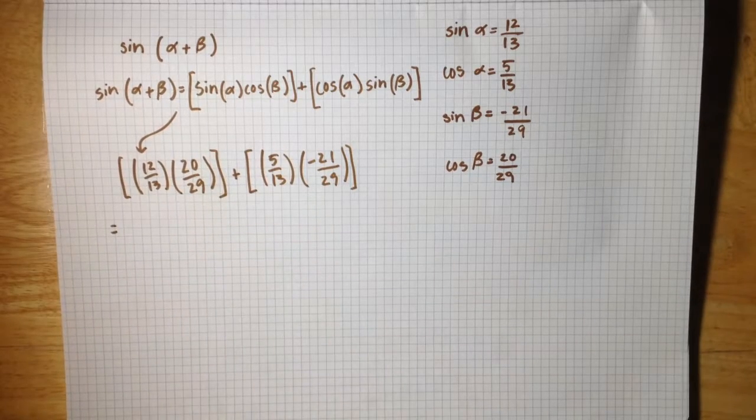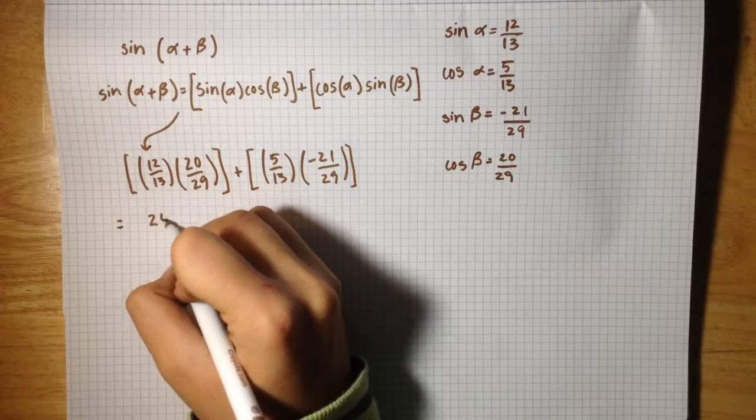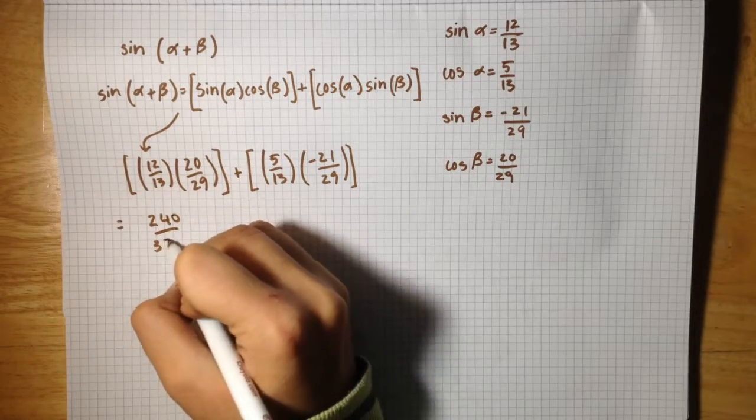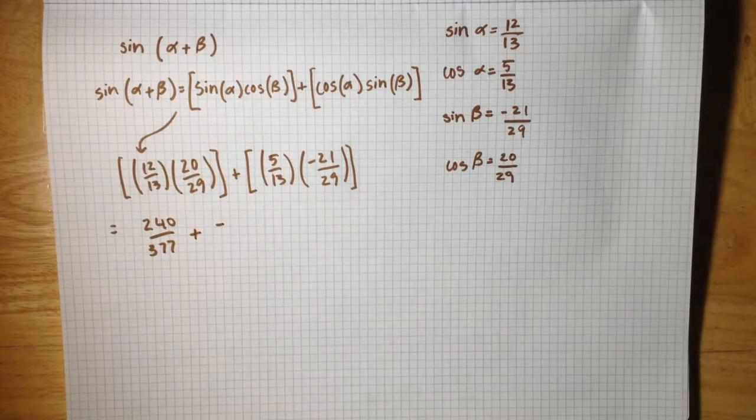Multiplying these, I get 240 over 377 plus a negative 105 over 377.